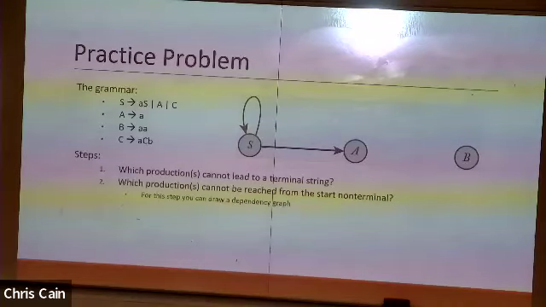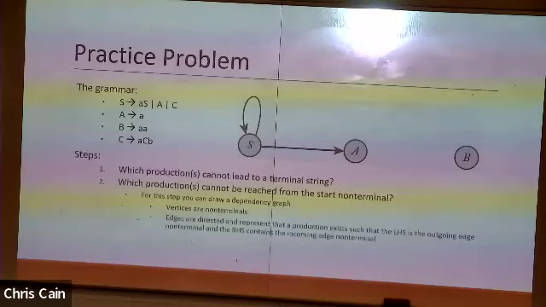So just as here, you can draw a dependency graph. Vertices are the non-terminals. And edges are directed, of course, and represent that the production exists. The from and the to edge leads you to where the definition is. So S can lead to A, S can lead to C, but we already deleted C because it can't lead to a terminal string.